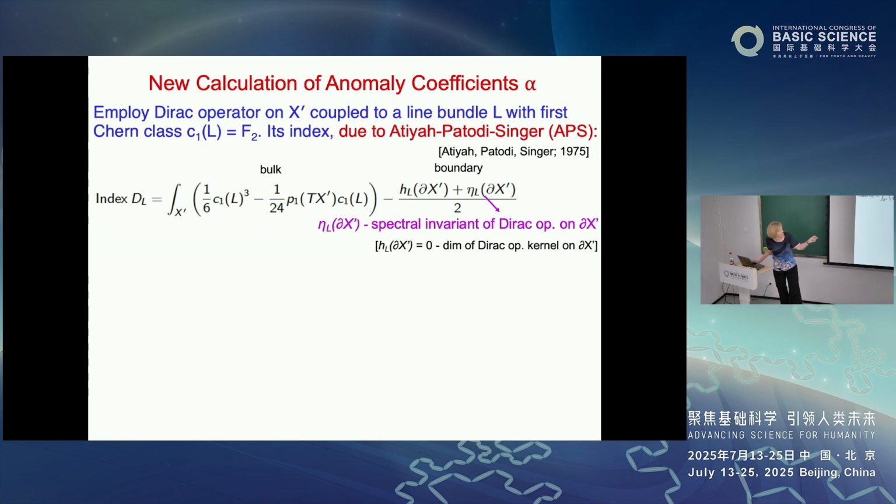Now, if we look at this bulk term and replace the first Chern class precisely with the field strength F2, this is precisely the anomaly coefficient. And the second part is just the boundary part, which is only this Eta invariant. And this is the index. Index is an integer.